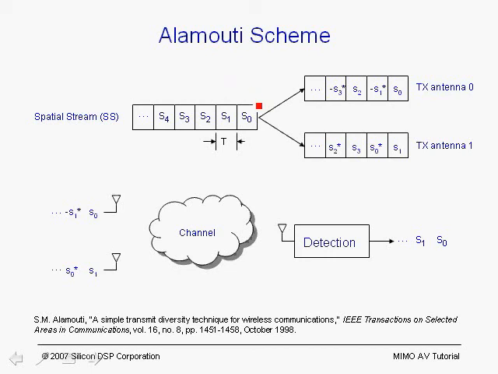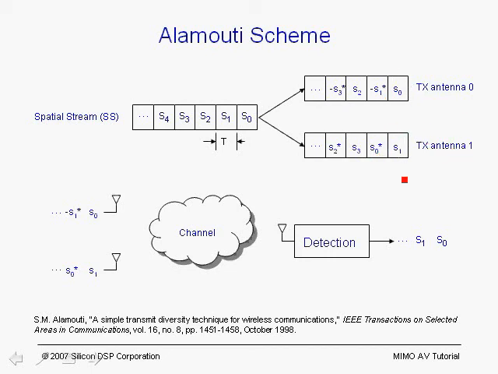So the Alamouti scheme basically takes the carriers S0 and S1 and maps S0 at time 0 to transmit antenna 0, and maps S1 to transmit antenna number 1. In the next time cycle, since it's delaying S0 and S1, it will take S1 conjugate, and transmit minus S1 conjugate from transmitter 0 and S0 conjugate from transmit 1.